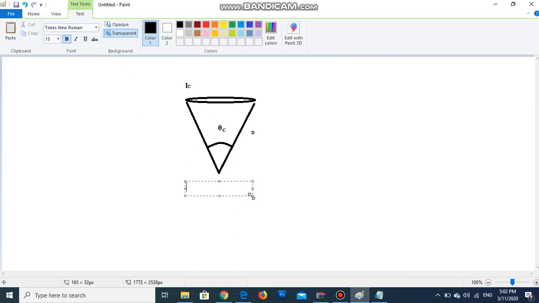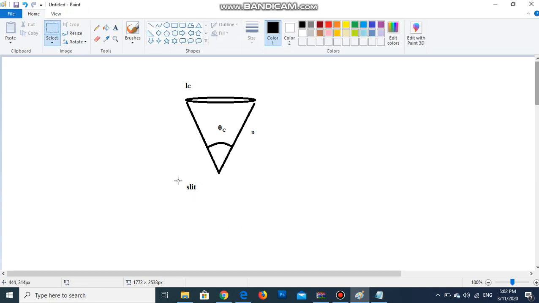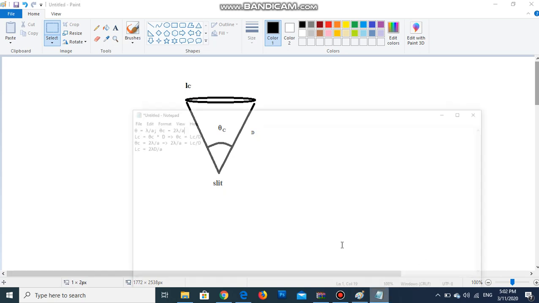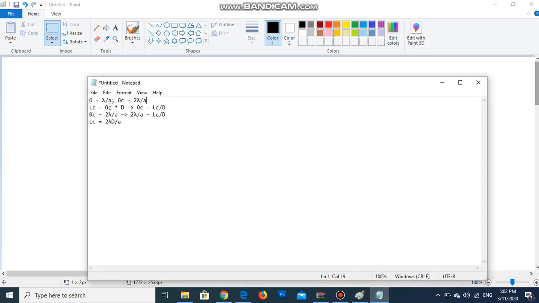Let me write here, slit. So the distance from here to there is called capital D. Now from geometry we know that the length of the arc is equal to theta multiplied by the radius. So L_C is equal to theta_C times D, which means that theta_C is equal to L_C over D.